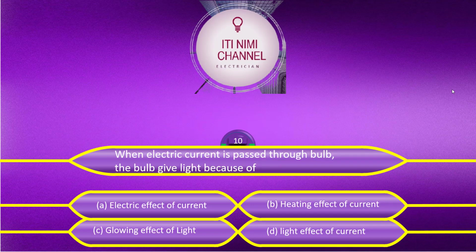When electric current is passed through the bulb gives light because of electric effect of current, heating effect of current, glowing effect of light, light effect of current. The answer is heating effect of current.